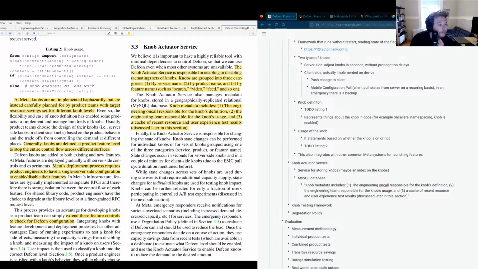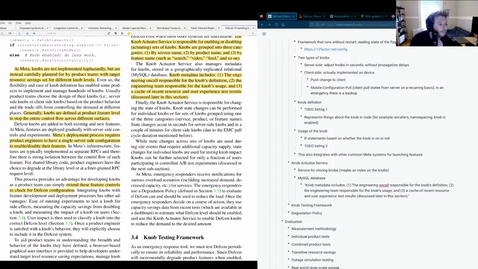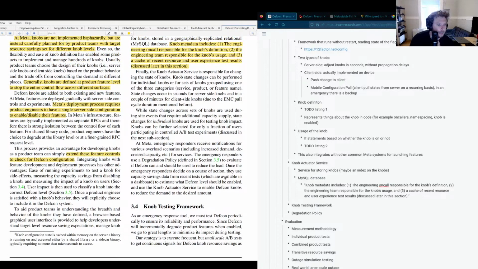Okay. Interesting. So on-callers can also use it to make changes.